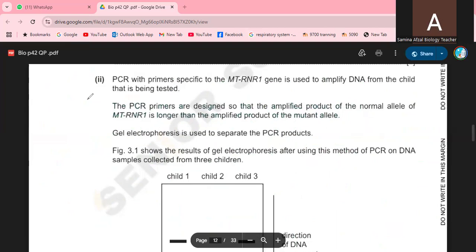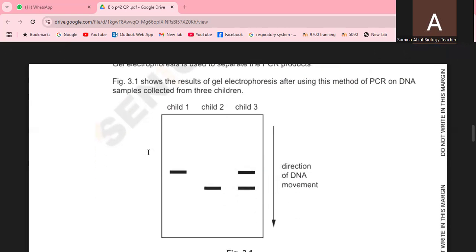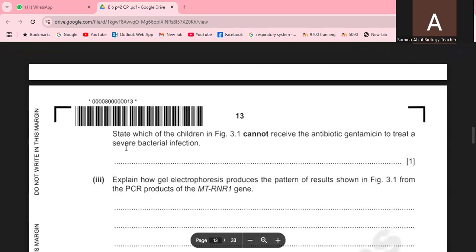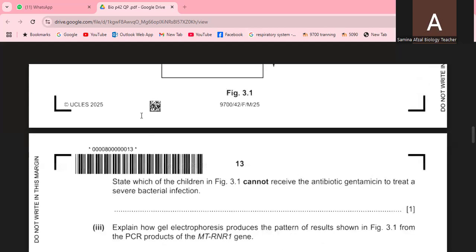Gel electrophoresis is used to separate the PCR products. Figure 3.1 shows the results of gel electrophoresis after using this method of PCR on DNA samples collected from 3 children: child 1, child 2, and child 3. The question is, state which of the children in figure 3.1 cannot receive the antibiotic gentamicin to treat a severe bacterial infection.